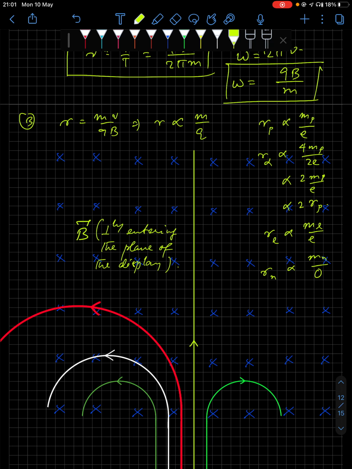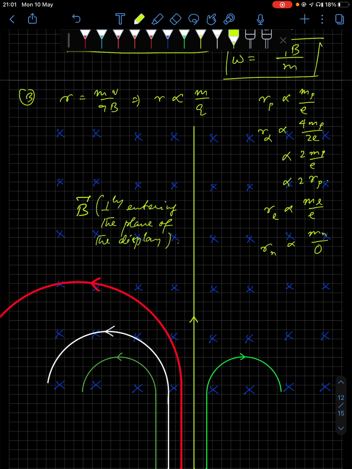So r comes out to be infinity, right? So in decreasing order of radius of all these 5 particles, since the radius is infinity, neutron will go undeviated. Therefore, radius of neutron is followed by radius of alpha particle, which comes second, then radius of proton, then radius of electron and positron.